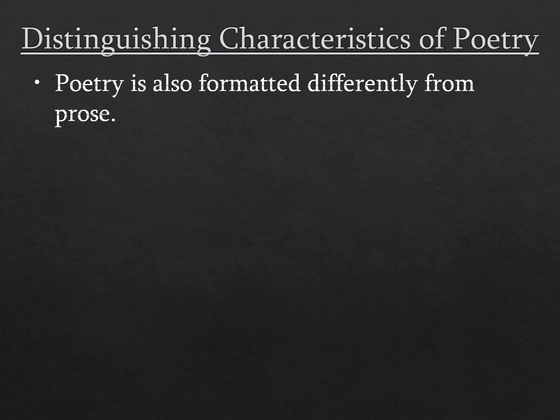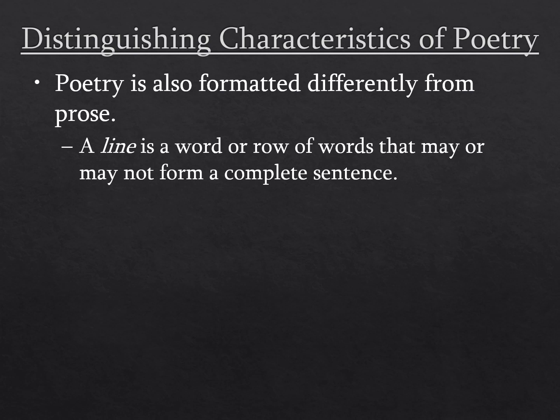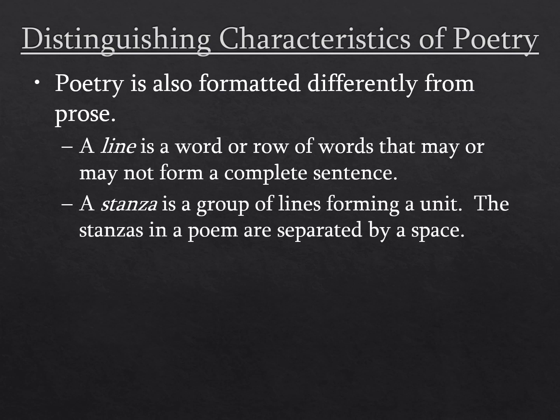Another distinguishing characteristic is that poetry is also formatted differently from prose. A line is a word or row of words that may or may not form a complete sentence. Prose has sentences in it, while poetry has lines, which form stanzas. A stanza is a group of lines forming a unit.